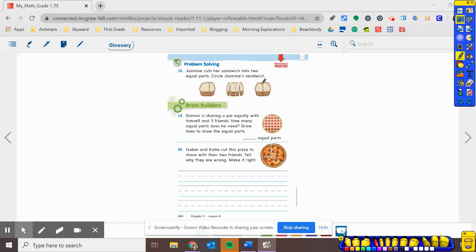I want you to circle the sandwich that you think belongs to Jasmine. All right, let's see. Well, this sandwich here is cut into two parts, but are they equal? Nope, this side is definitely bigger. What about this sandwich? This sandwich is cut into four equal parts, so that's not her sandwich. Here's Jasmine's sandwich, two equal parts.